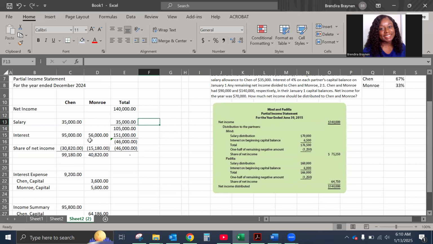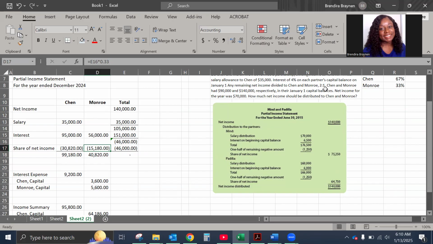Interest or salaries can cause us to have a negative balance or remaining net income. In that case, just as it recalculated itself, it's the same concept. We take the loss that we have and we multiply it by the same percentages, the same shares. Like they said, net income is divided 2 to 1.